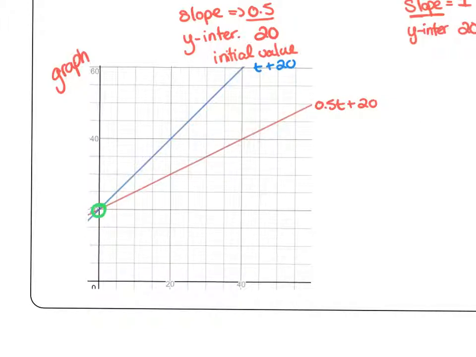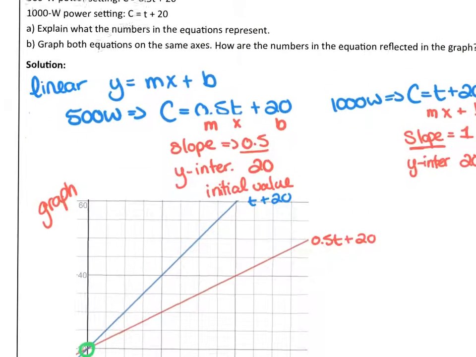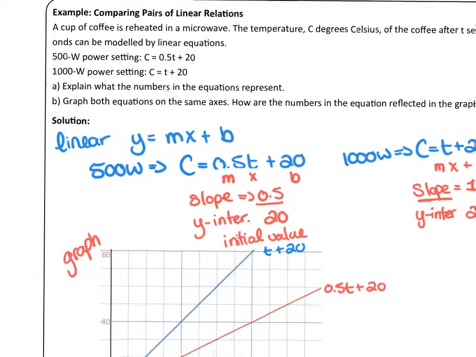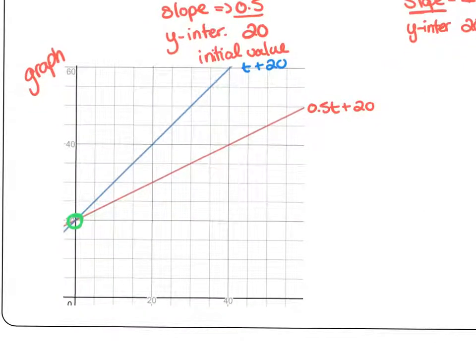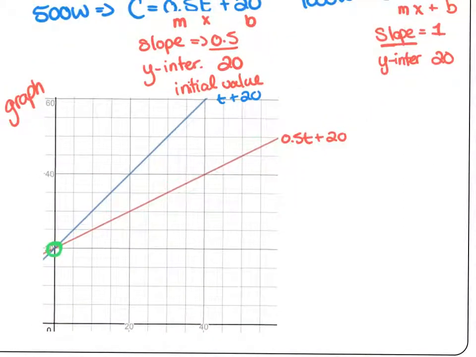If I wanted to know which one is going to heat the coffee up faster, then I would say that the blue one is faster because the slope is bigger. And notice how the temperature rises a lot quicker. If you wanted it to heat up more slowly, then I might choose the power setting of 0.5t plus 20. So that's kind of like the steps, or what you have to think about when you're looking at the different linear examples.